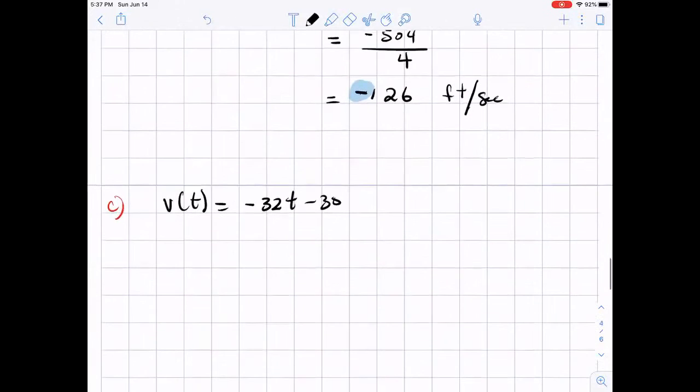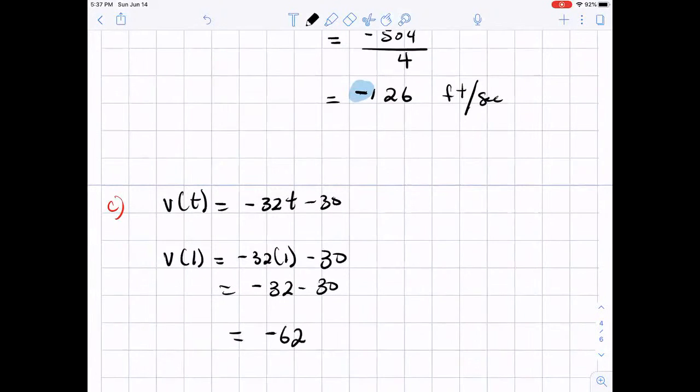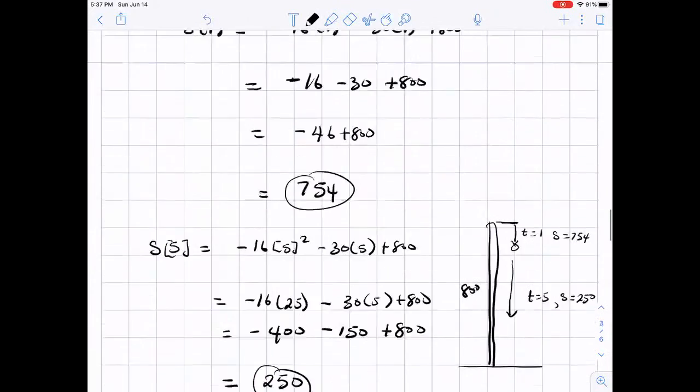Well, if you have v of t, you can find v of 1. V of 1 will be minus 32 times 1 minus 30. So this becomes minus 32 minus 30, which is minus 62.